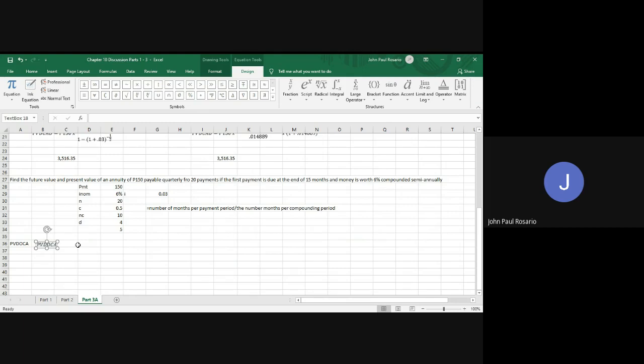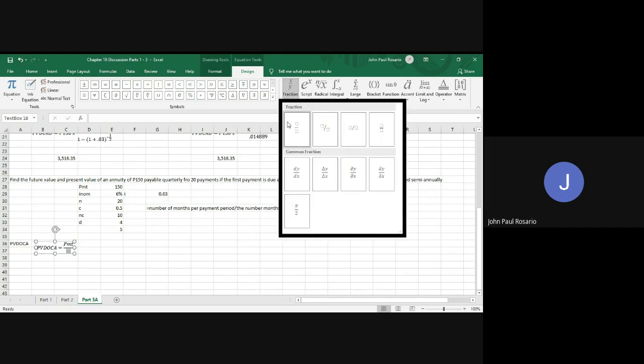equal to payment. No, let's use the fraction first. Payment over, this would be another fraction.